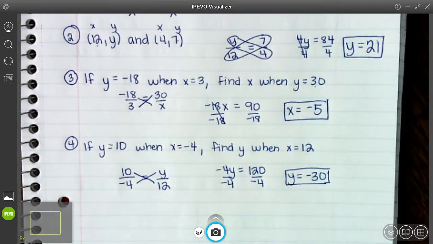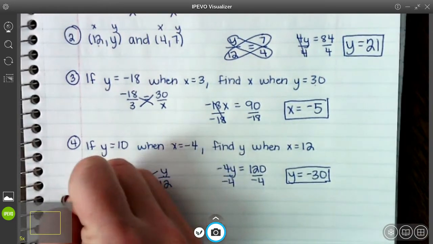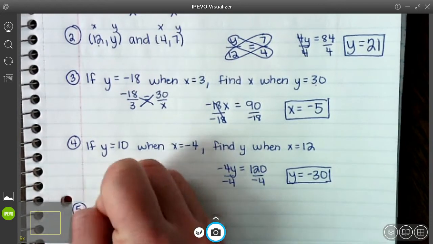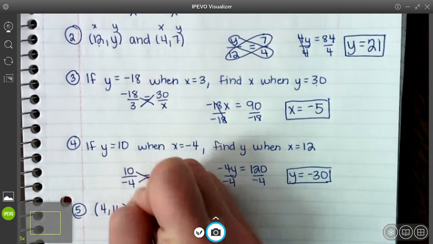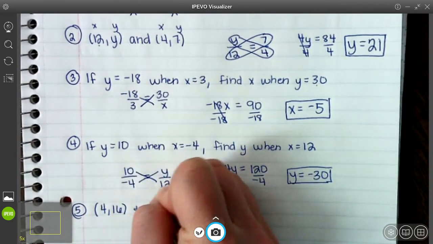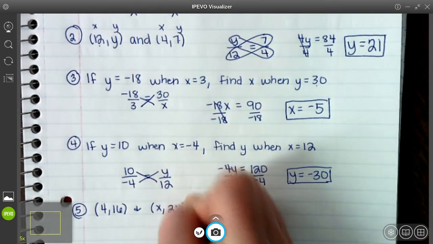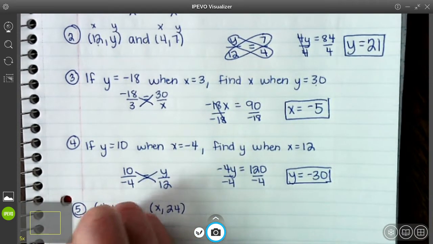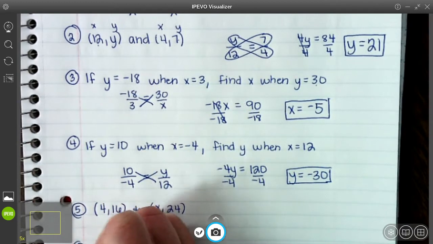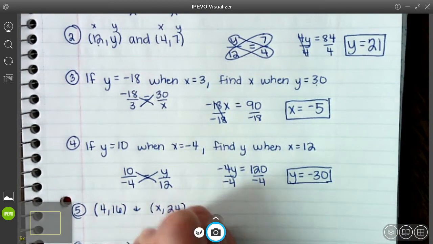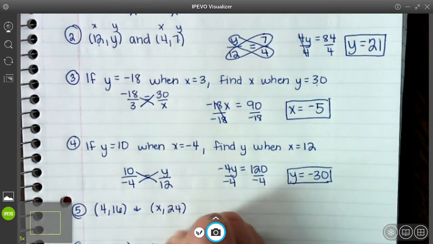Okay, so the next 4, pretty much it's the same thing over and over, so I'm going to give you a few minutes to practice some. I'm going to write them here. Number 5 are the points 4, 16 and x, 24. Number 6, x, negative 16 and 6, 24.